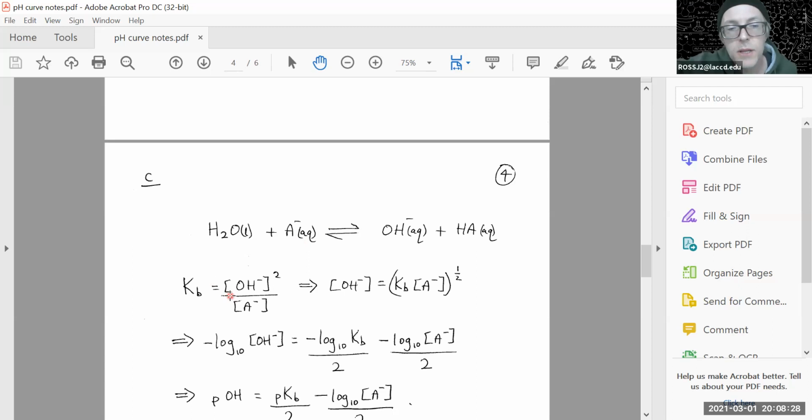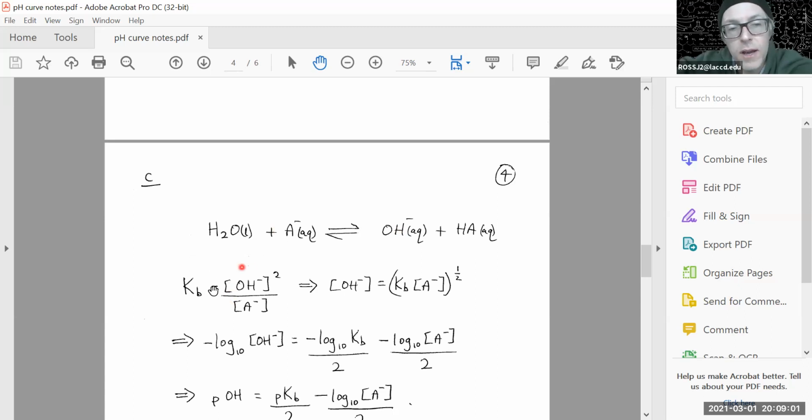We do a similar calculation that we did in equation A, where we know that we have a 1-to-1 ratio of hydroxide ion to Brønsted-Lowry acid here. So we can take the concentration of hydroxide squared. So rather than write OH minus and HA, we just write OH minus squared because HA has the same concentration as OH minus.